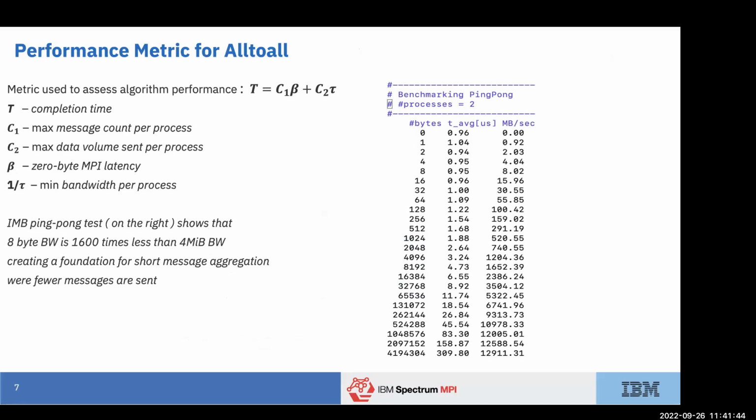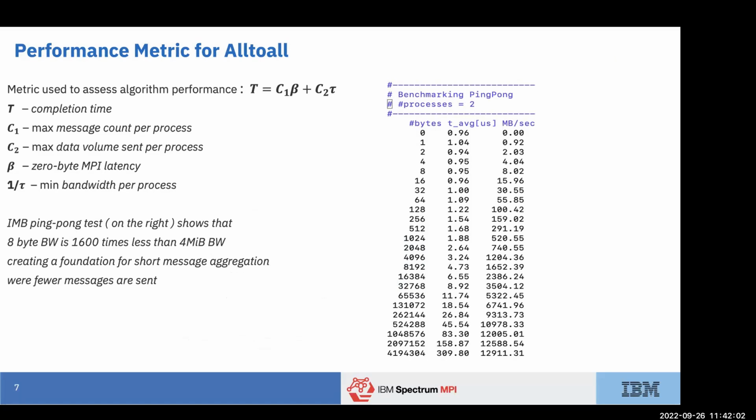It is important to evaluate performance, and to do so, we follow the Bruck paper, which introduced a metric. This is a simple metric. It's not perfect, but I like it for its simplicity.